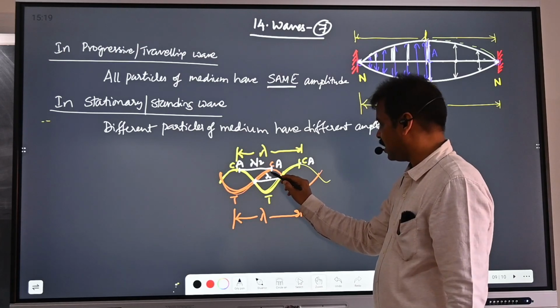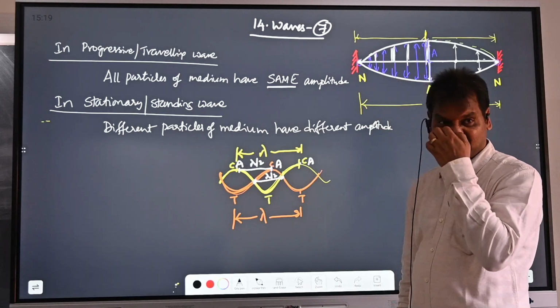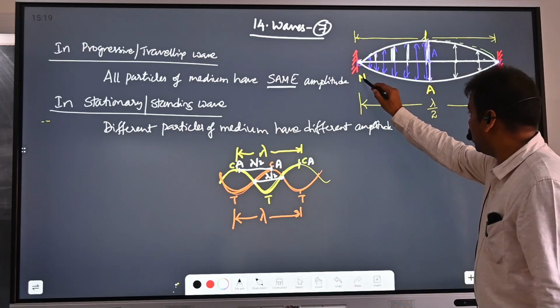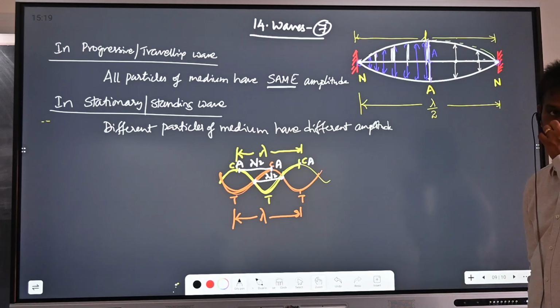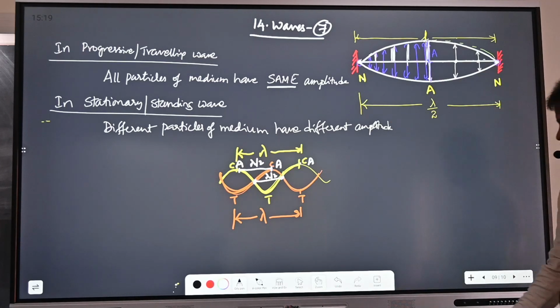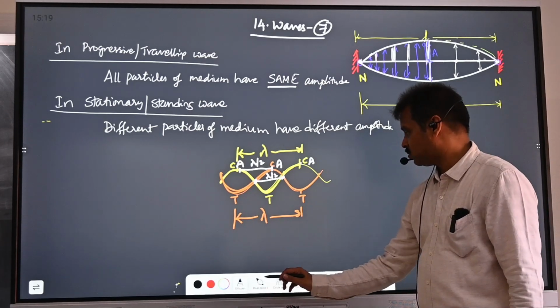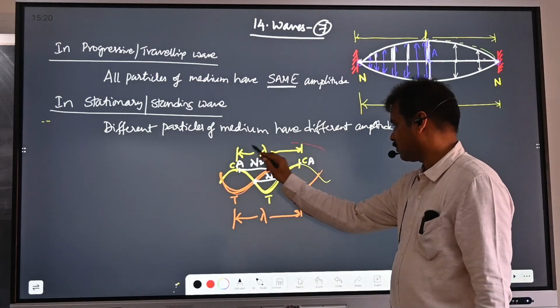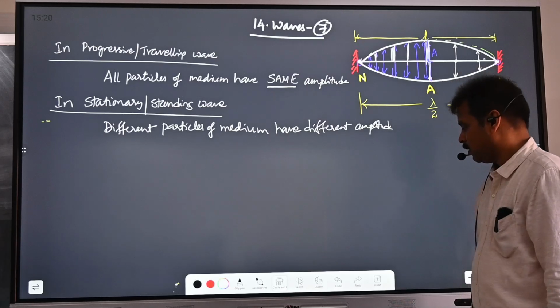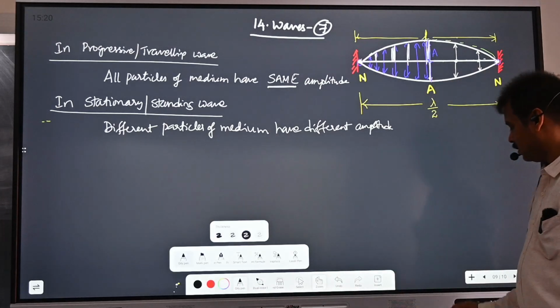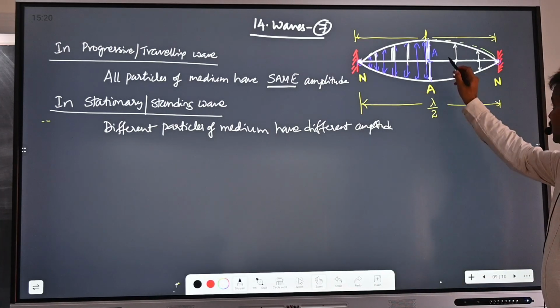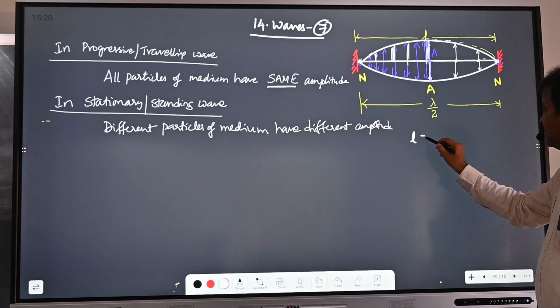This is also lambda by 2. Understood? Now, node to node distance, how much? Lambda by 2. Now we can write L is equal to how much?